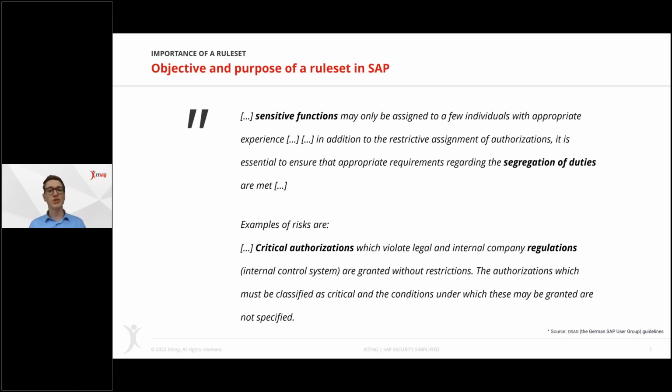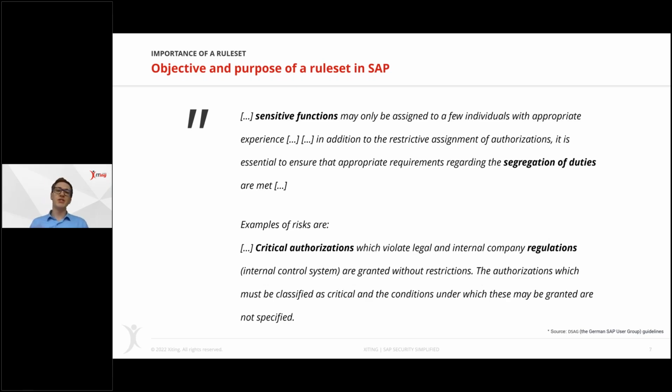Why? Because we are talking about sensitive access that, if used in a fraudulent way, might harm the organization. Such fraudulent activities might cost a lot of money for the organization.